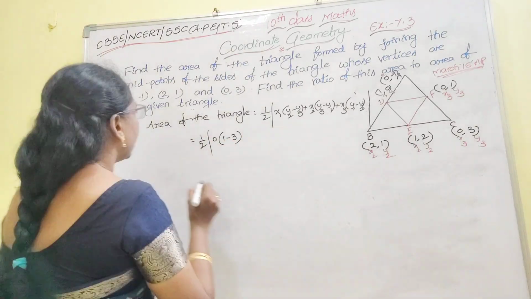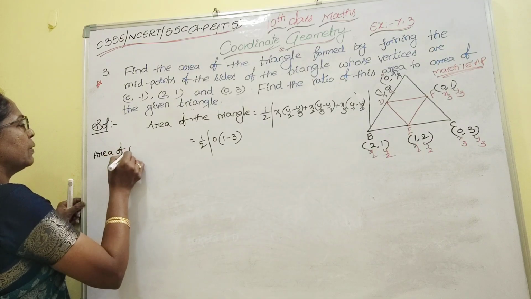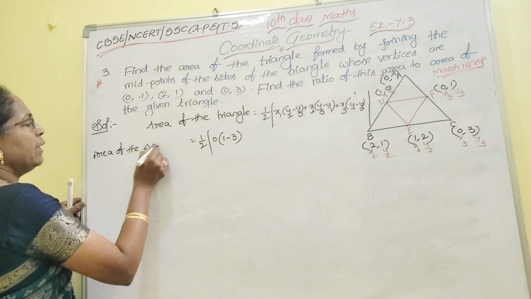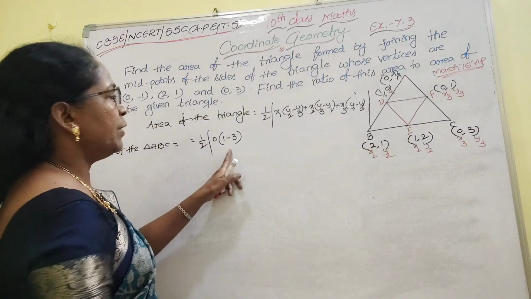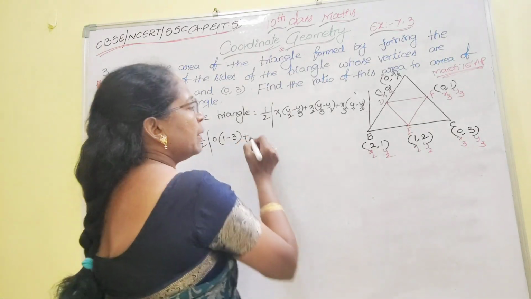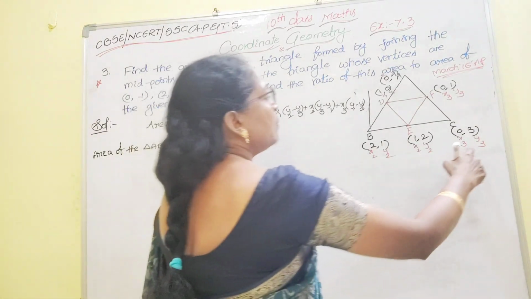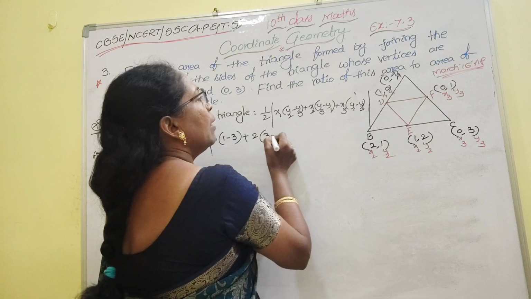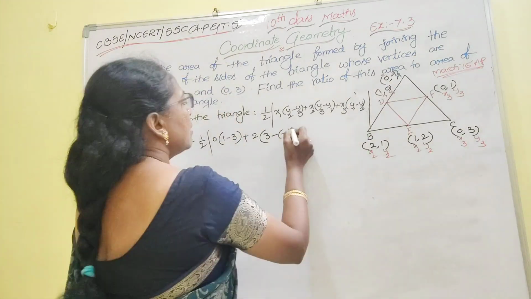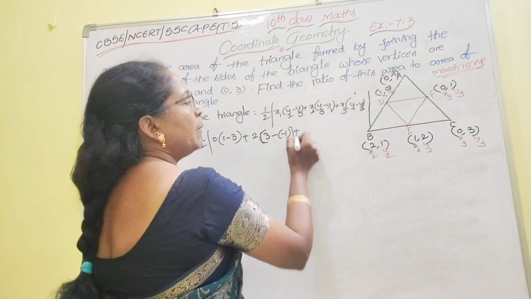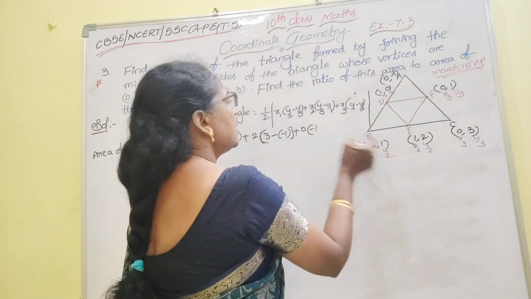Here area of the triangle ABC. First I am calculating area of the triangle ABC equal to half into 0 into 1 minus 3 plus x2 into y3 minus y1, where x2 equal to 2, y3 equal to 3 minus y1 equal to minus 1. So minus of minus 1 plus x3, that means 0 into y1 minus y2.